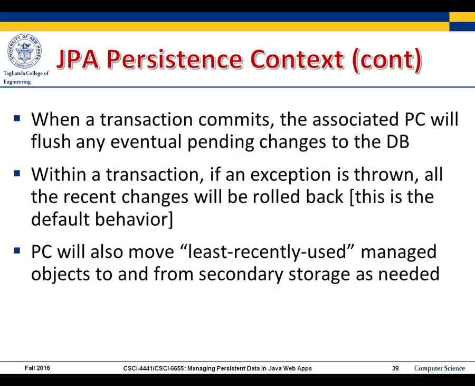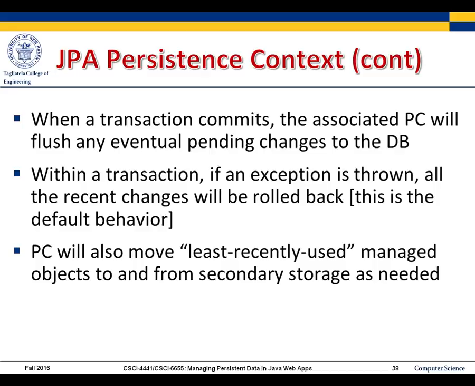Another thing that happens, and you don't actually need to know this, but it'll happen underneath for you, and this is part of the nice aspect of Java EE in these servers, is that in terms of scalability, if the system is getting memory bound with a lot of these objects, it has the capability of doing something like paging in an operating system.